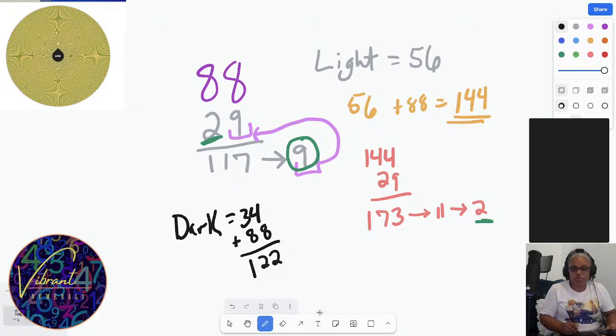So dark purple is 122. And so then if we add your life path number on there of 29, Tarot Gothis, now we get this 151.